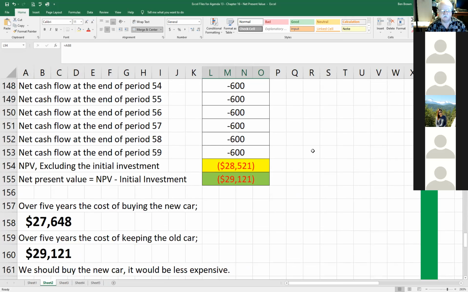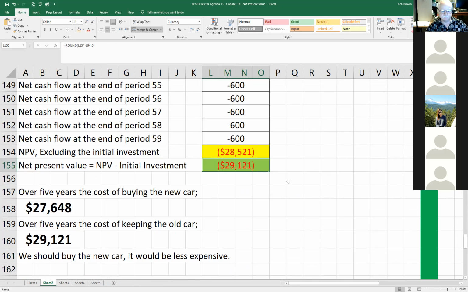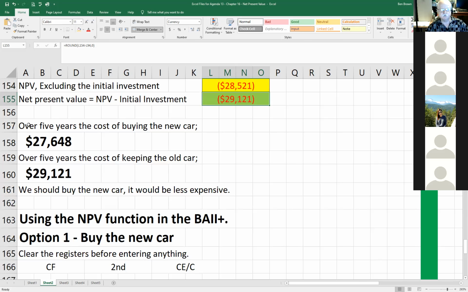Car hasn't died yet. So once we add the present value of all these 600s together, and include the 600 at the very beginning, we find that the cost of keeping the old car is $29,121.